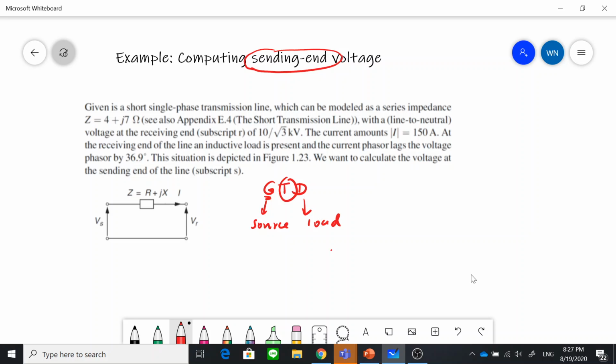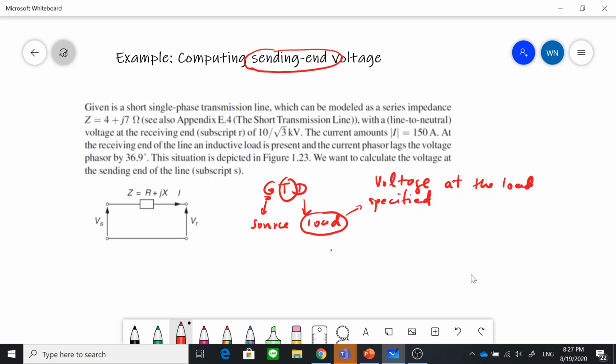Because in a power system, the ultimate goal is that we need to supply the load at the level that the consumer needs. So the voltage at the load, the receiving end voltage, is normally fixed, or normally specified.